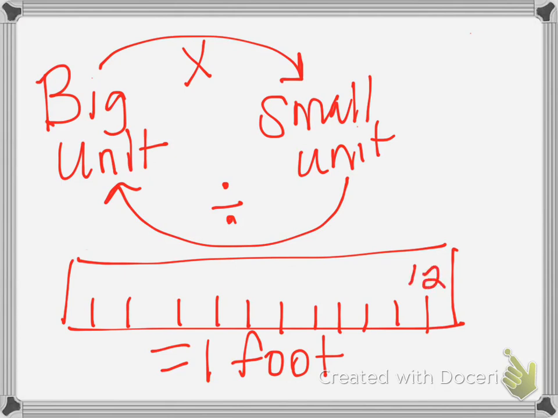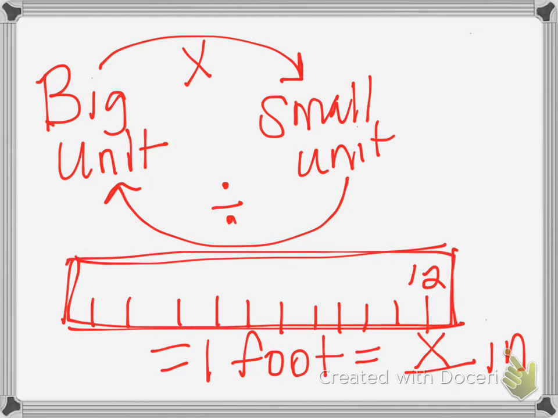So I started with the bigger unit and I'm going to a smaller unit, which is inches. I'm getting more, so I'm multiplying. So when I'm getting more, my number's going bigger, I'm going to multiply just like in regular math. And if I'm starting small, and I want to start with 12, and I want to find out how many feet are in 12, I'm going to say 1 whole foot. I'm going to divide because I'm getting a smaller number.